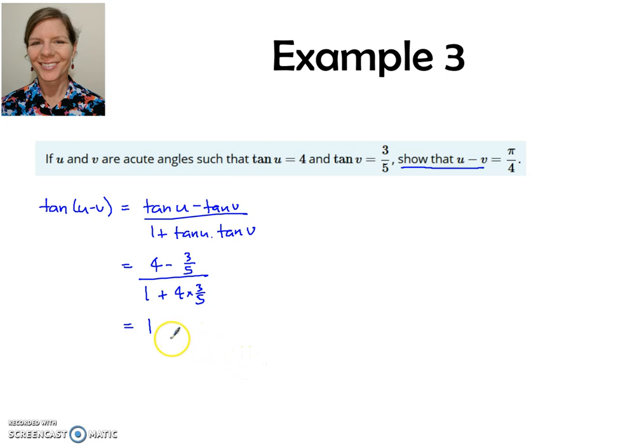Alright, so now that's tan of u minus v equals 1. So if I want to solve for u minus v, it equals the inverse tan of 1. Okay, and we know that the inverse tan of 1 is pi on 4, or 45 degrees, but it asks for it in terms of radians. Okay, so just a slightly different application of the formula there.